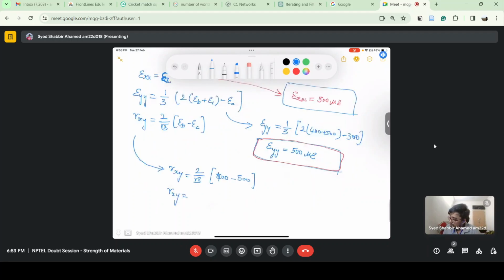So, doing the calculation on a calculator, we have got this as minus 115.47 microstrain.